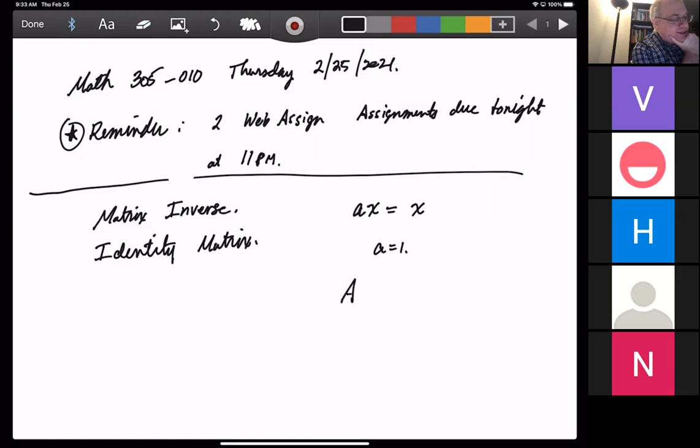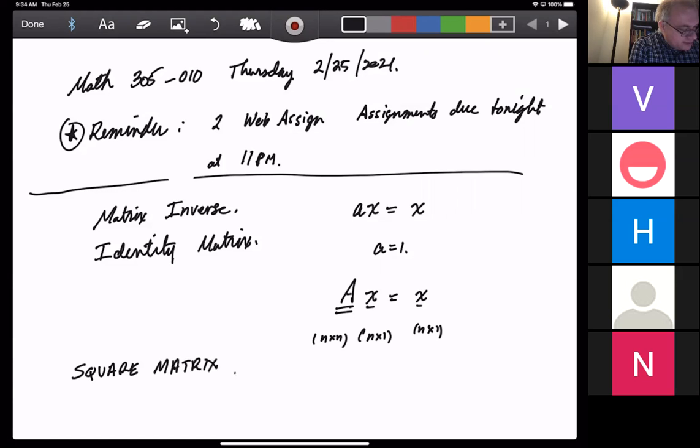If you've got a matrix version of this type of thing, Ax is equal to x, and let's say A is n by n, x is n by 1, right? Notice that this is going to work when A is a square matrix. This is sort of acting like the number 1 when we're dealing with scalars.